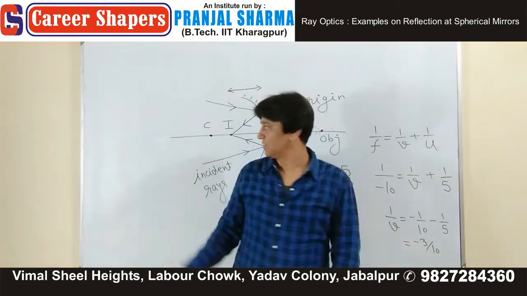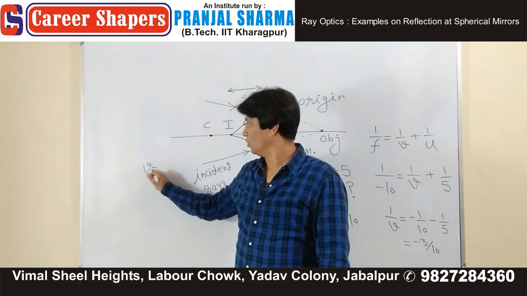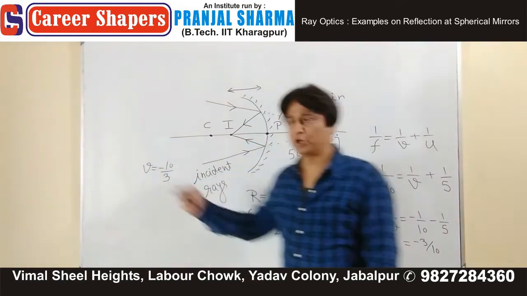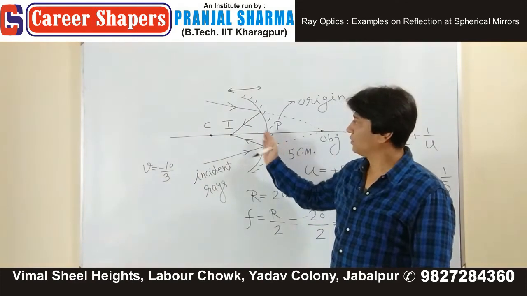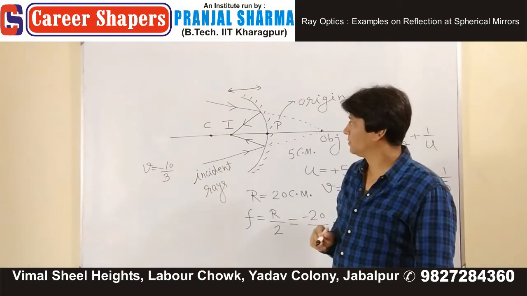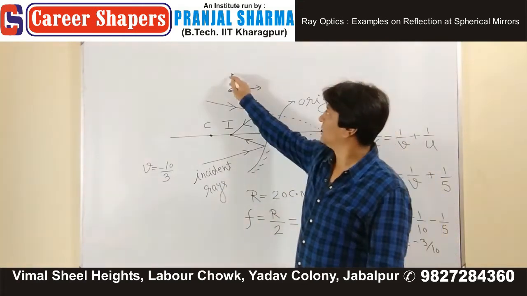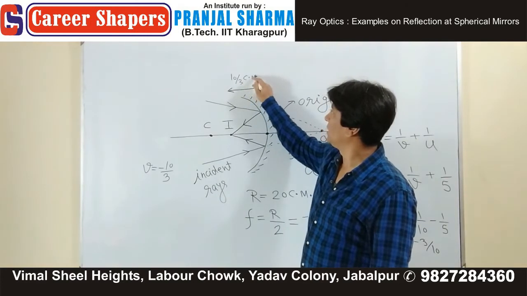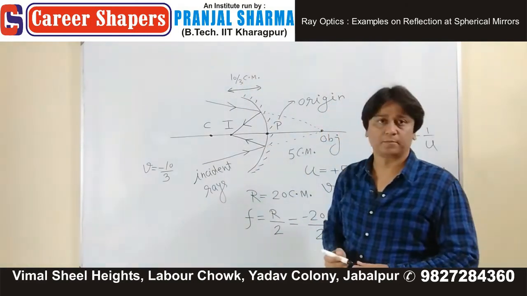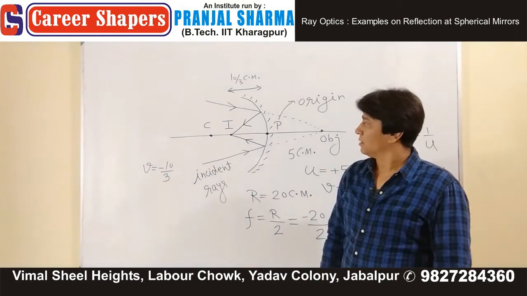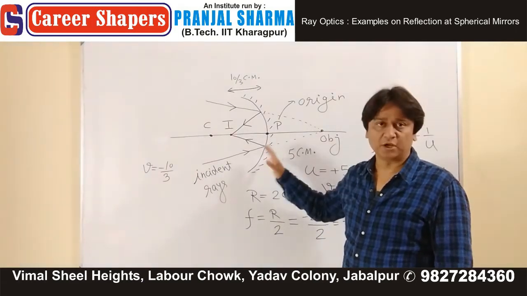Minus of 10 by 3. Position wise, you will say that on the left side of pole at a distance of 10 by 3 centimeter. Do you understand this question? Yes or no?